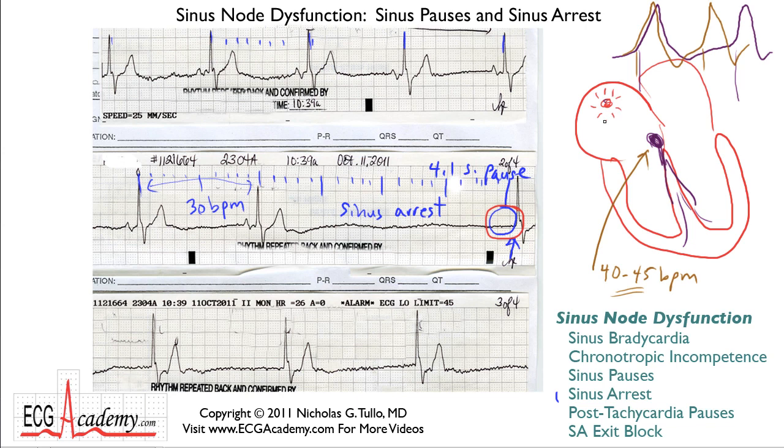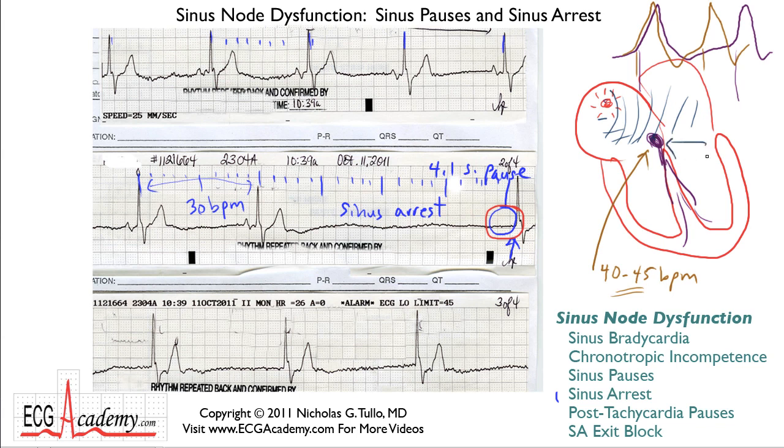So what happens if the sinus node doesn't fire? What happens if there's no P wave? What happens if you remove the stimulation from the atrium to the AV node? Well, the AV node basically will say, hey, what's going on? I haven't seen a beat in such a long time. And so the absence of sinus P waves will result in the AV node firing.